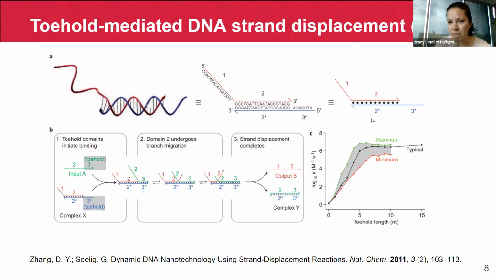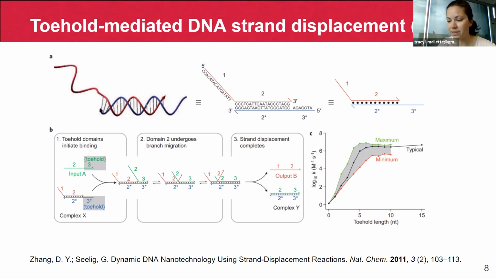And this is the representation that I usually use. And so when you look at TMSD, it first starts with toehold binding of these single-stranded portions between complementary sections. After this, the incoming strand begins to displace the bound incumbent strand through a process called branch migration.